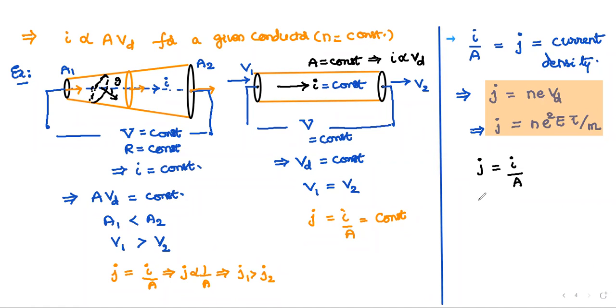The same thing in reciprocal, I write I equals J into A. Area is a vector, that you already know. Here I is a scalar, a tensor that behaves like a scalar.